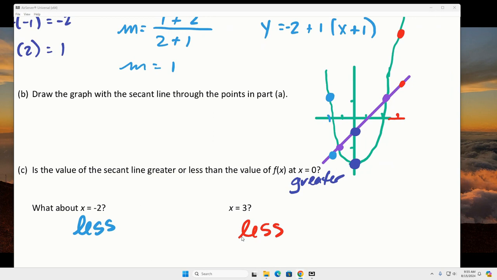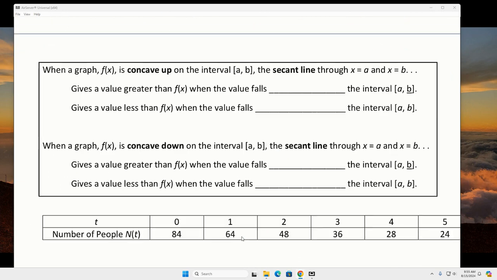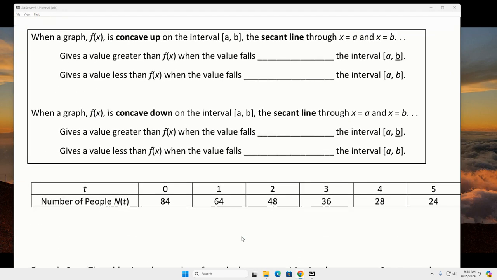There is a rule, though. I don't necessarily expect you to memorize this rule. You can. It'll make it easier if you do. But for me, I still just draw it and look and see which one's higher.